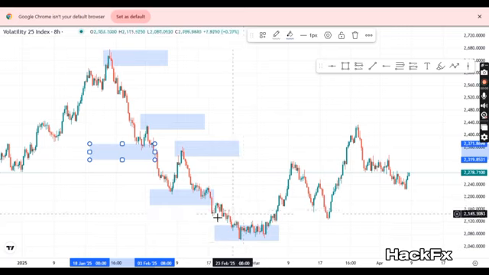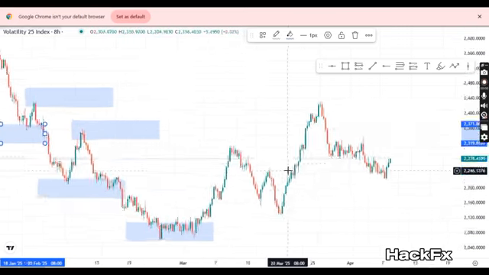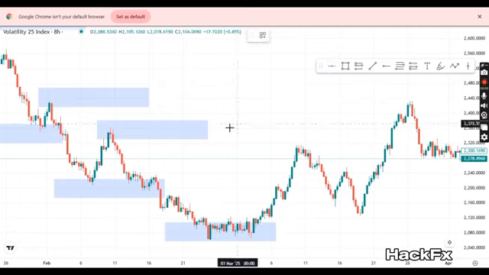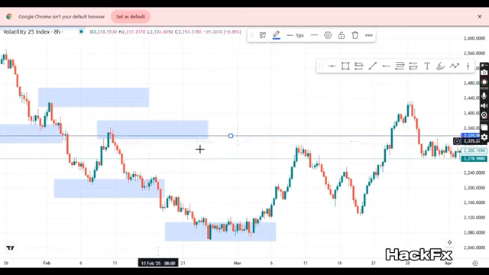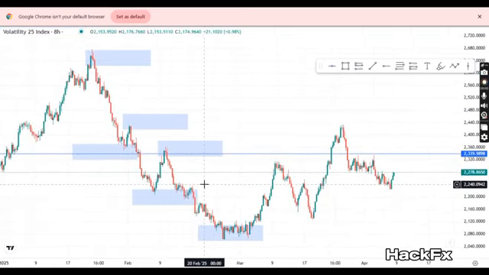But now we notice something, that price is beginning to change trend. At this point price changed trend. You see, it broke this high. Immediately this high was broken, we already know that the trend has changed.